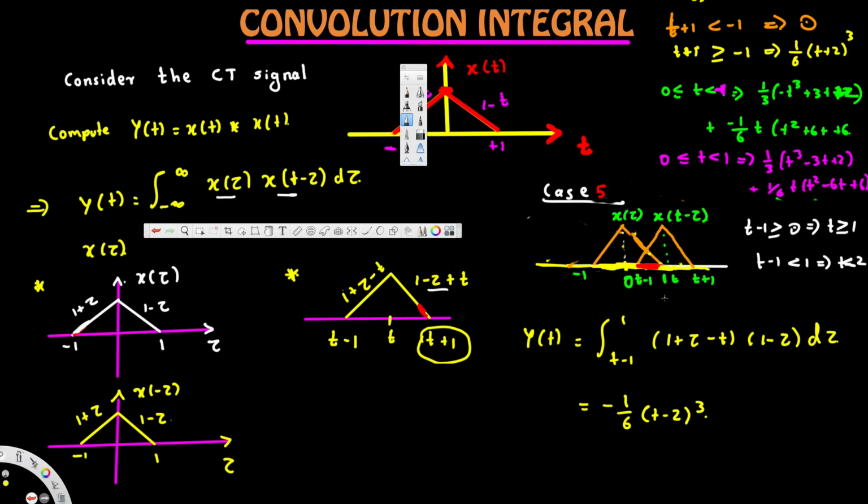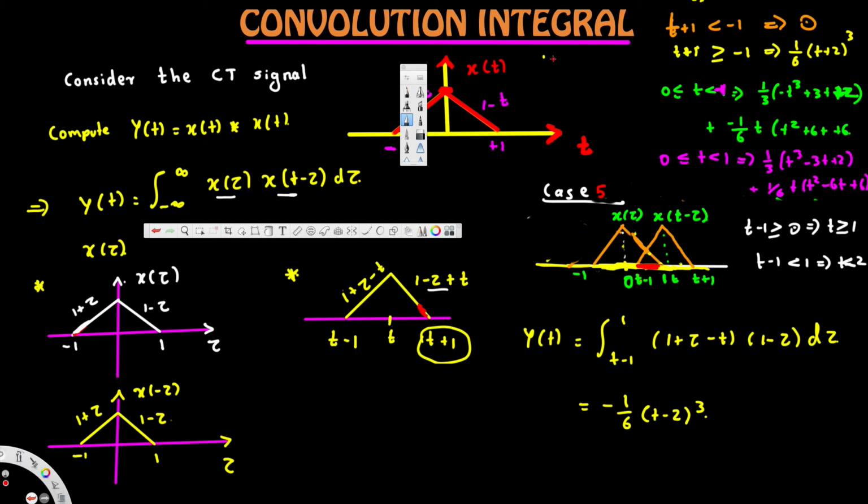Now generally we can express this region as, since t is less than 2, t is between 1 and 2. So let's write this one somewhere here.